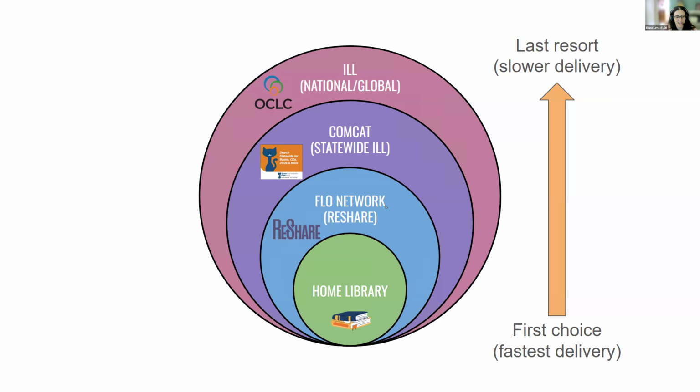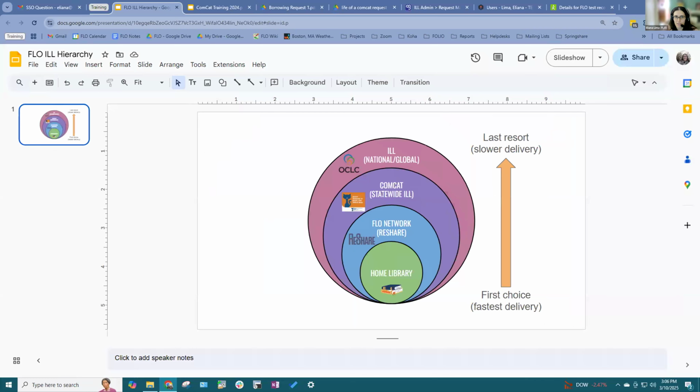But yeah, this is kind of the point. It's to give your patrons a wider pool of items to choose from, and it's also to boost your own ILL lending. Berkeley has a pretty unique collection, so I imagine that you guys will get a bunch of lending requests and be able to share your collection with the state.